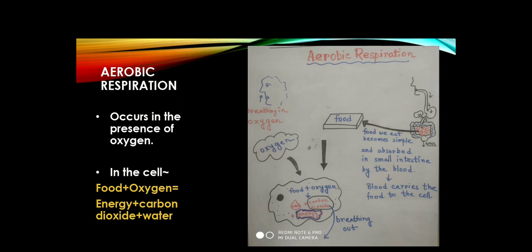So children, aerobic respiration is respiration that occurs in the presence of oxygen inside the cell. In this process, energy will be produced, and carbon dioxide and water will also be produced as waste materials.